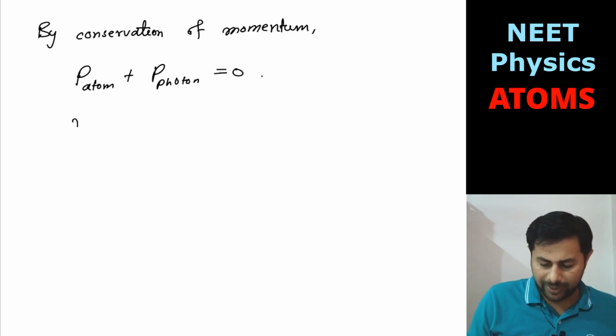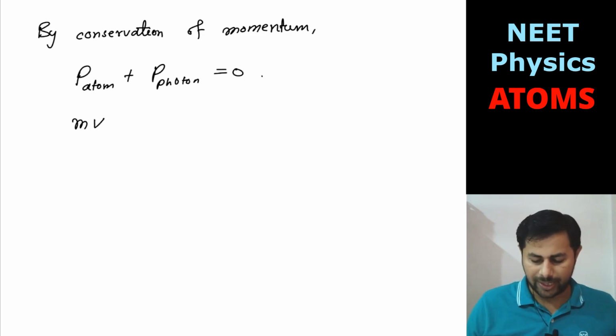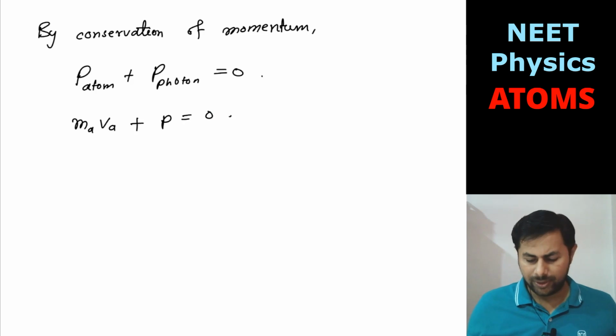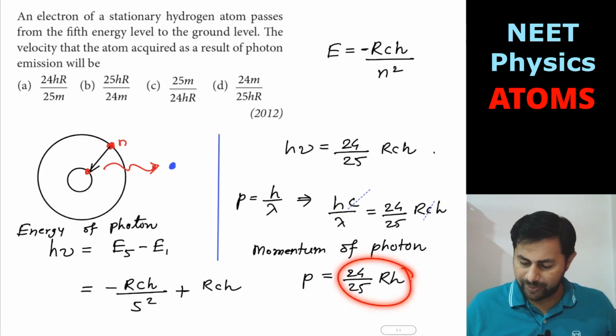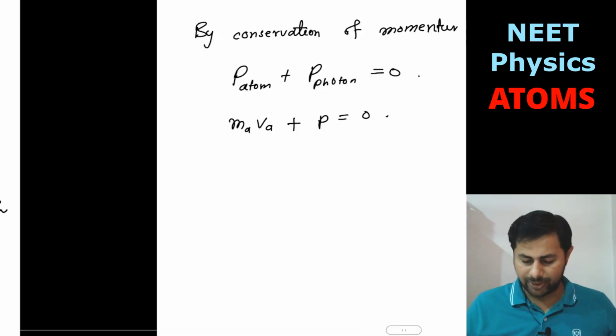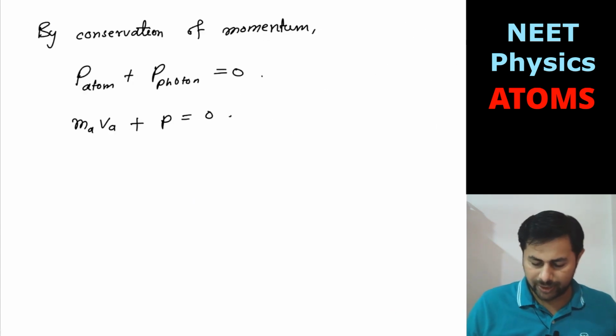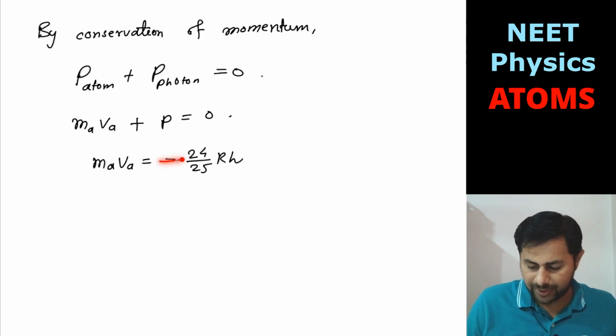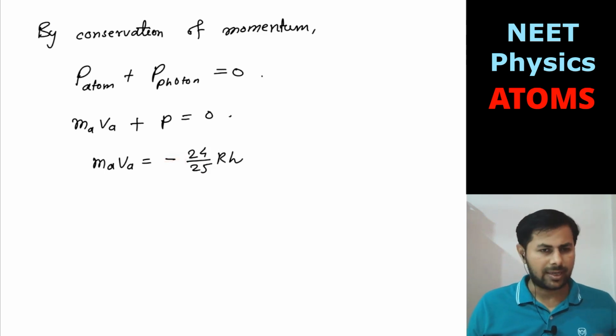So momentum of atom, let's say mass times velocity of atom, ma times va, plus momentum of photon, which is p, is equal to 0. Move that p on the other side. P was 24 by 25 times RH. So you get ma times va is equal to minus 24 by 25 times RH. But this negative sign just tells that the atom moves in the other direction, right?